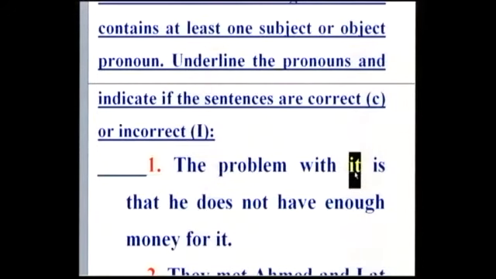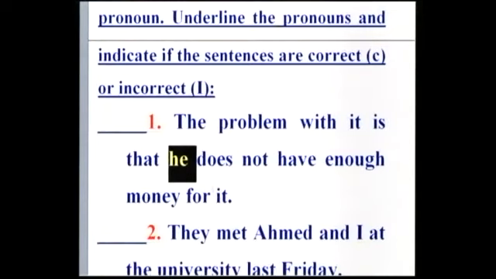It's an object coming after the preposition with. The problem with it is that طبعا he does not have enough money for it. He does not have, طبعا he is a subject. It's correct. He does not have enough money for it. It coming after for, it is an object pronoun.